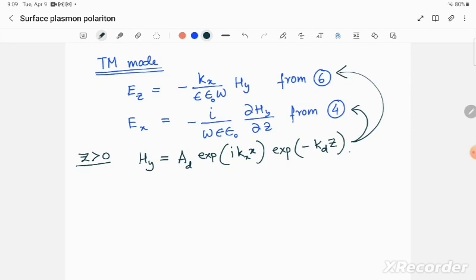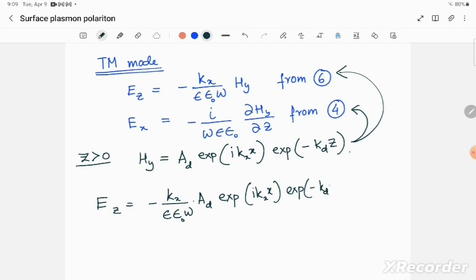Ez. So what we get is Ez will be minus kx by epsilon naught omega, and Hy, which is nothing but Ad exponential i kx x minus kd z.